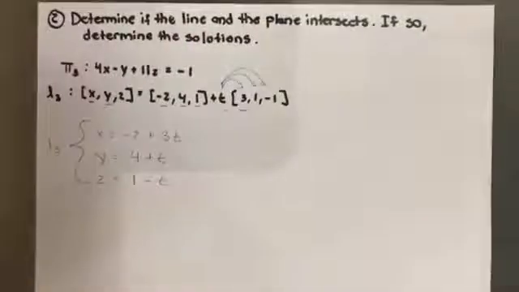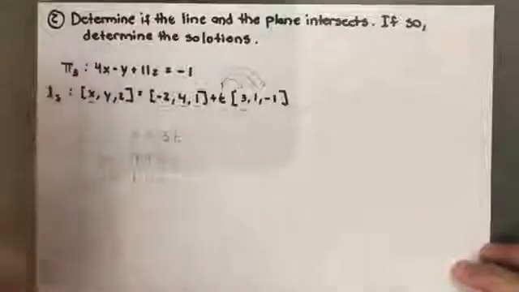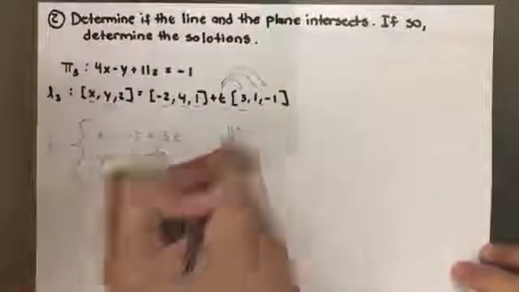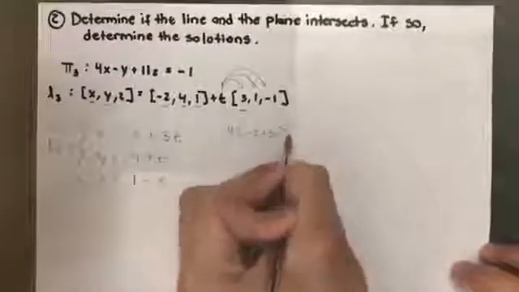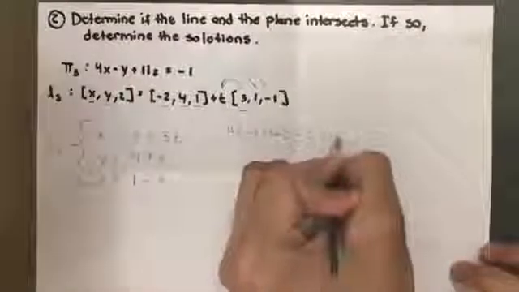Now we're back in a similar case as question number 1. So we're going to take this and substitute into our main scalar equation. We're going to have 4 times our x value, which is negative 2 plus 3t. We're going to have minus (4 plus t).